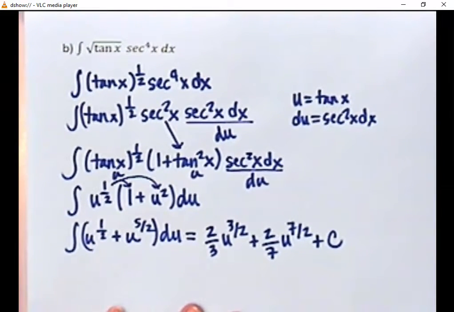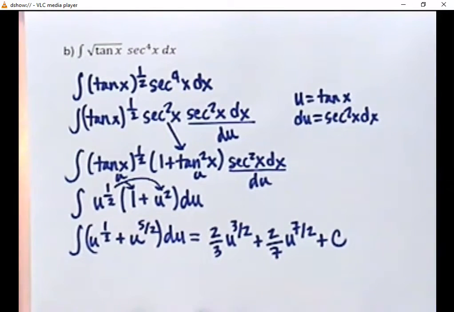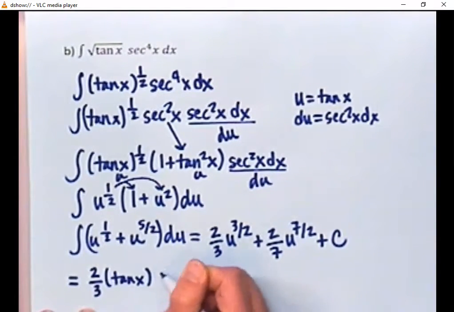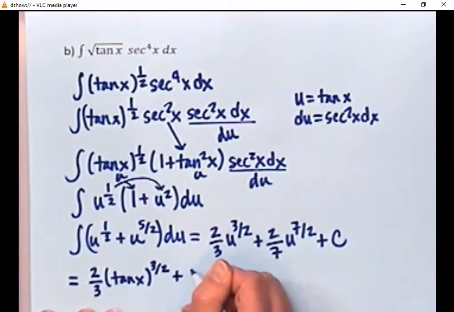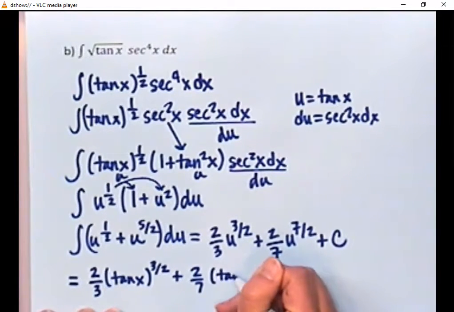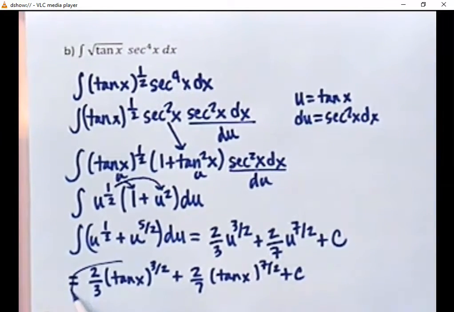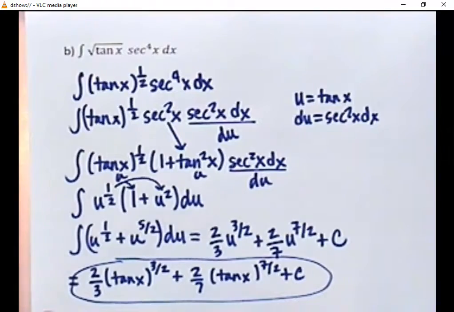Anything else we should do? Yeah, put back in what? What's our u? Tangent. Yep. So we have 2/3 tangent of x to the 3 halves plus 2/7 tangent x to the 7 halves plus c. Good.